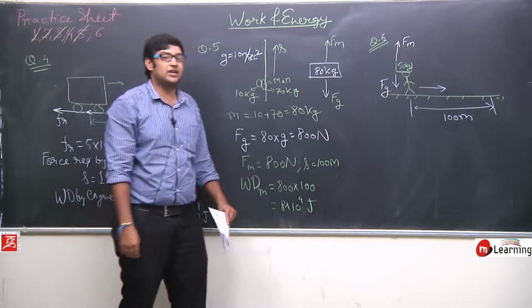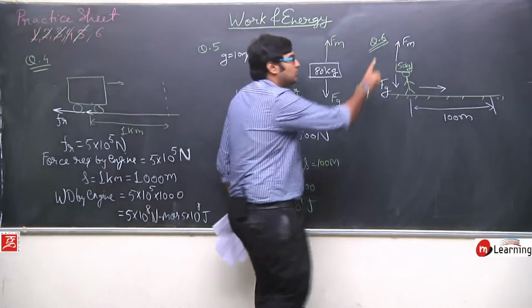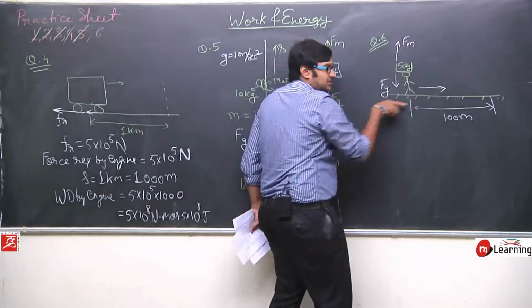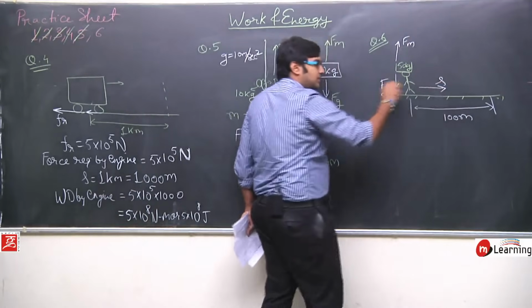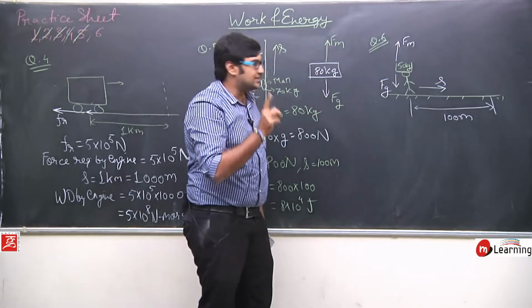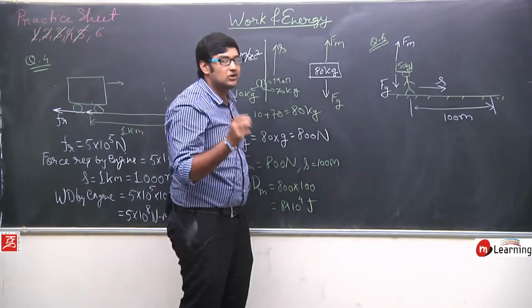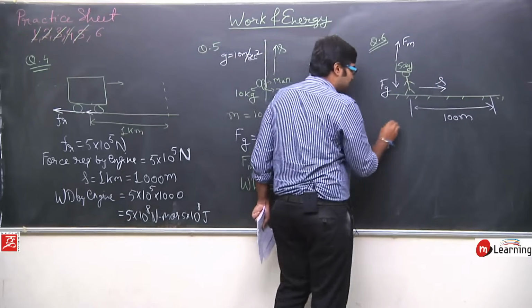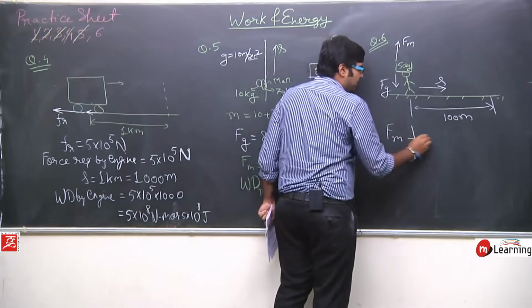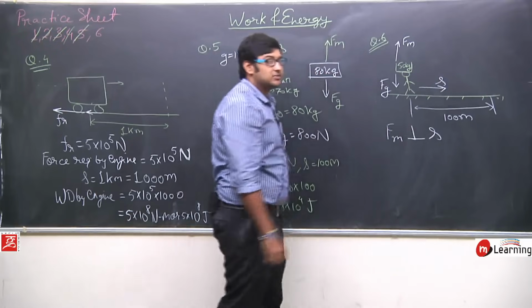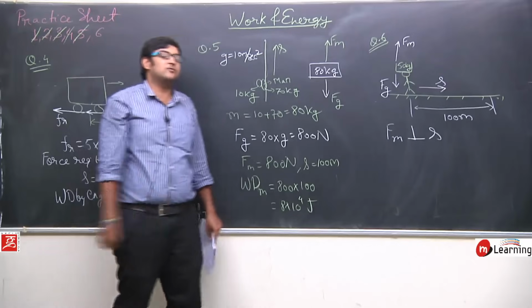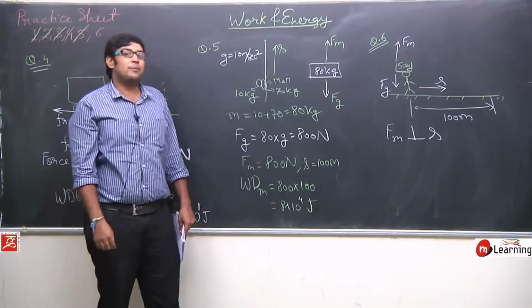That is, the force applied by man is Fm, which is upward, opposite to the force of gravity. So you can see the direction of force is this one, and the man is traveling in this direction, that is the displacement. So we can see that force and displacement are perpendicular to each other. The force applied by man is perpendicular to his displacement. And what happens when force and displacement are perpendicular?